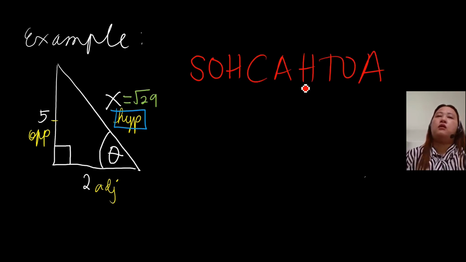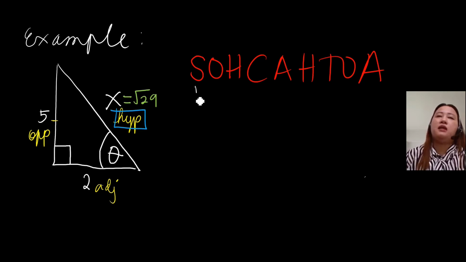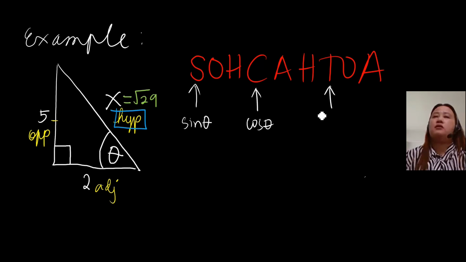SOHCAHTOA. So in SOHCAHTOA, S stands for sine, so you put here the theta. C stands for cosine theta. And then T stands for tangent theta. Then the O is opposite.